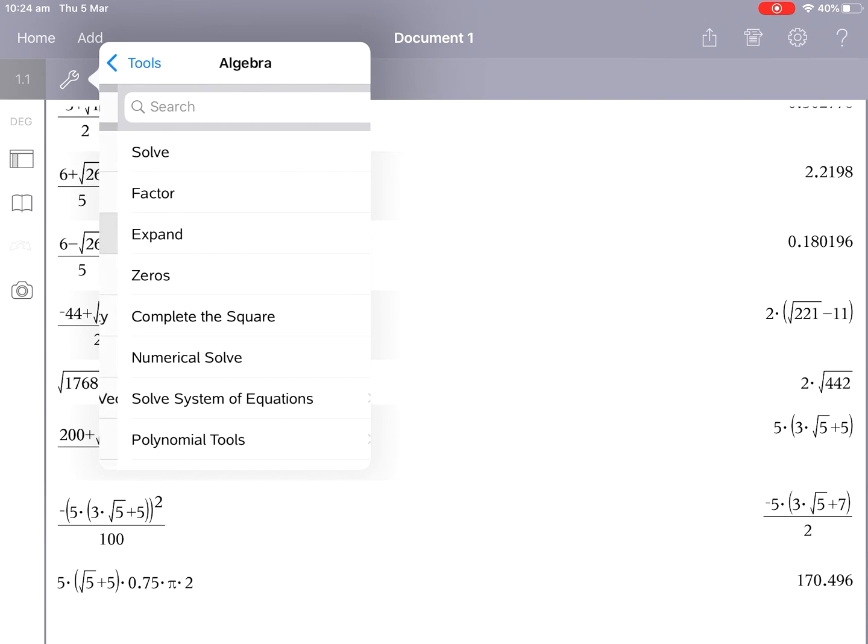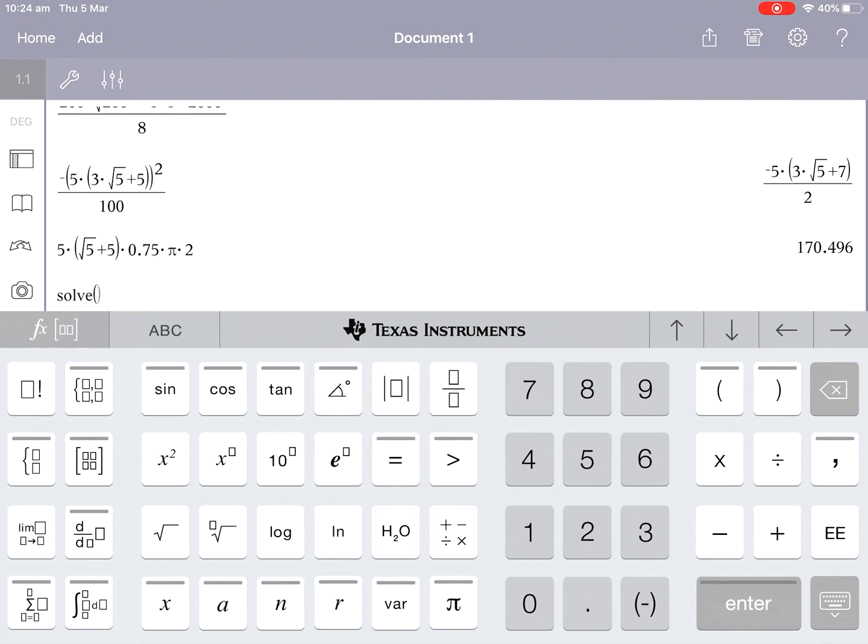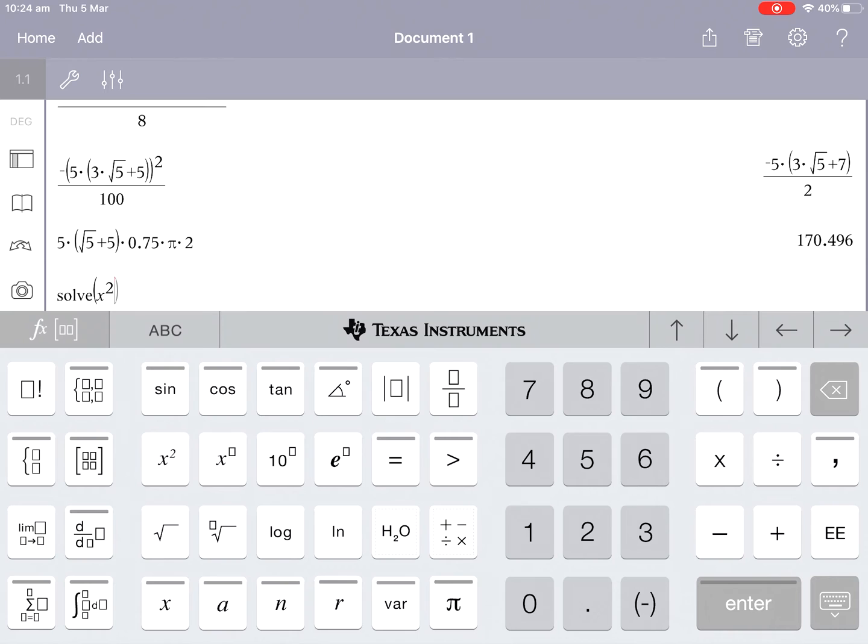So tools, algebra. I know this looks a little bit different on the calculator. In my equation, I'm going to replace the C with an X because it's easier for me. X squared minus 30X minus 5,400. Find out what X is.